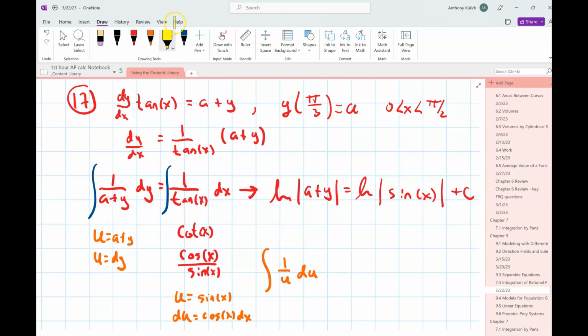Okay, so there's two reasons. I would say, one, what's tangent of pi over 2? Undefined, right? That's an asymptote. And then what is sine of something that's less than 0? Negative, right? Like sine of negative pi over 2 is a negative value.